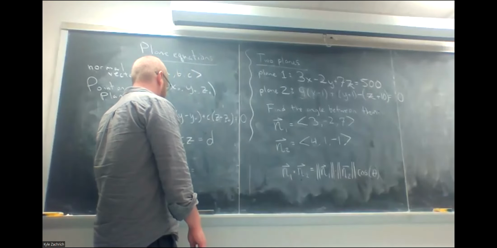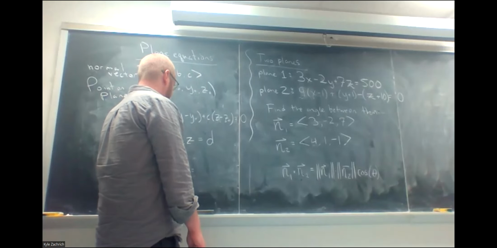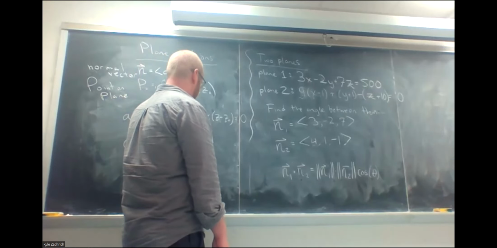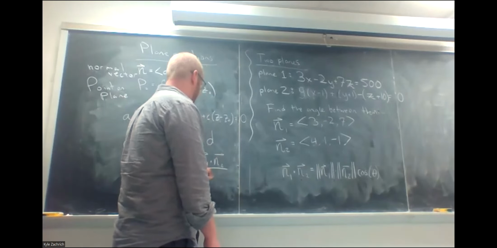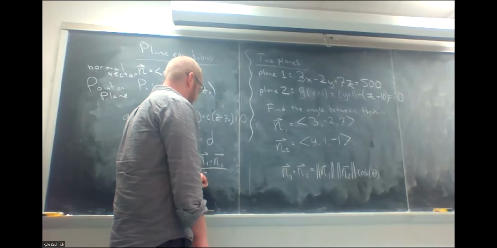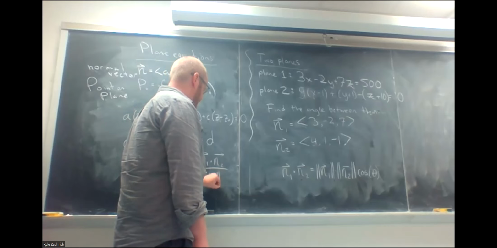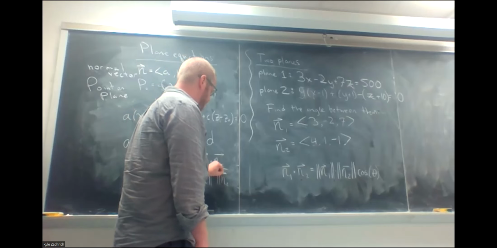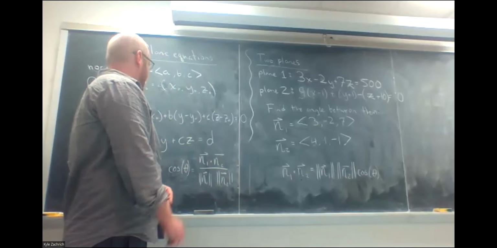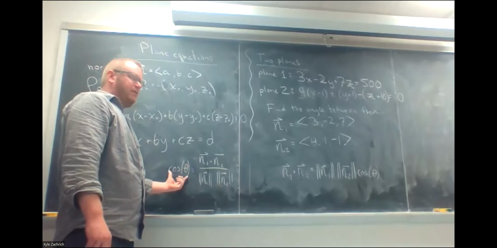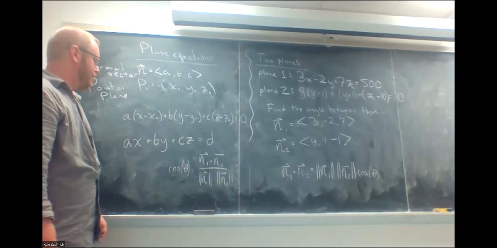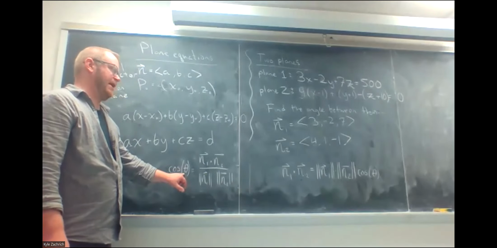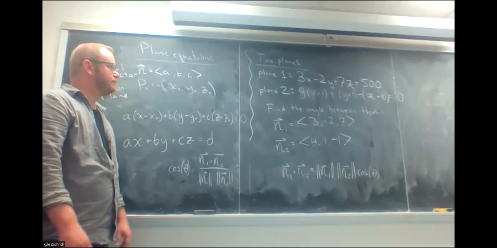And then you would say cosine of theta is equal to N1 dotted with N2 divided by magnitude of N1 times magnitude of N2. And the last step would be to take the inverse cosine of both sides. That would give you your angle between them.